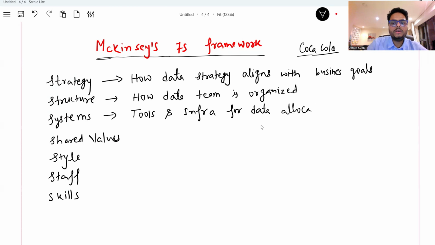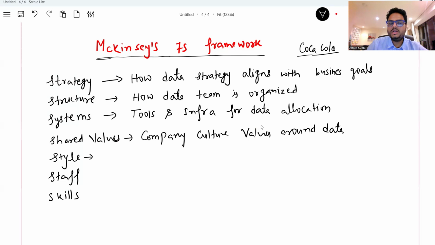So when you are trying to solve a larger business problem, what are the things you need? These things. Then comes company culture, values around data. If data is not protected properly, if data is not shared in the right way, then all these things are a waste, right? So shared values are important.